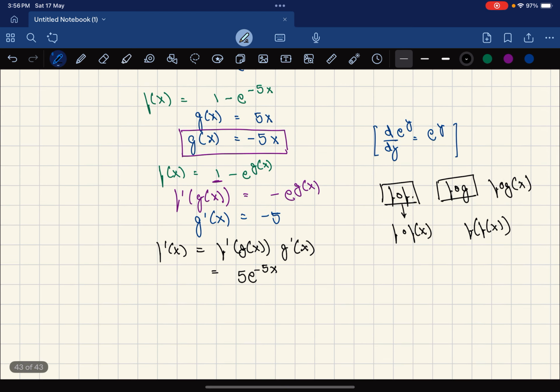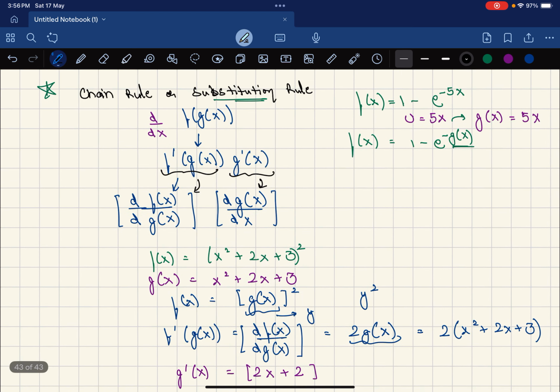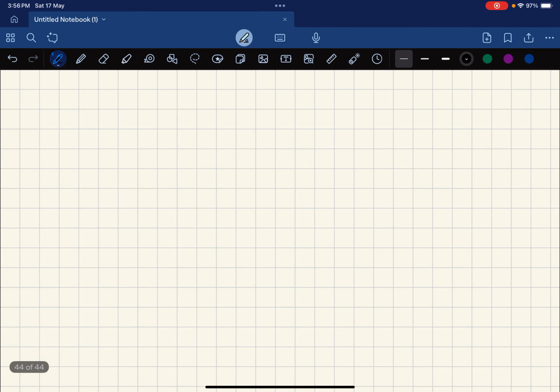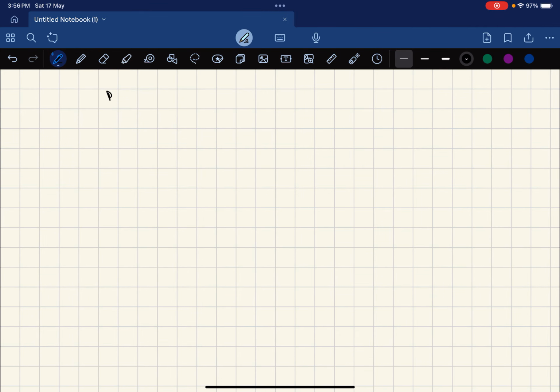Okay, so now that we have learned the basic rules, once again the three basic rules were the product rule, then the quotient rule, and then the chain rule. The product rule was: the derivative of uv with respect to x is u'v plus v'u.